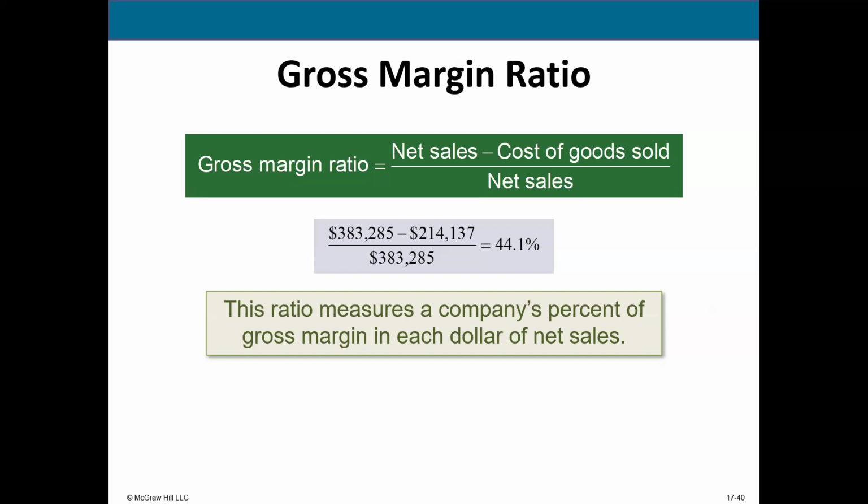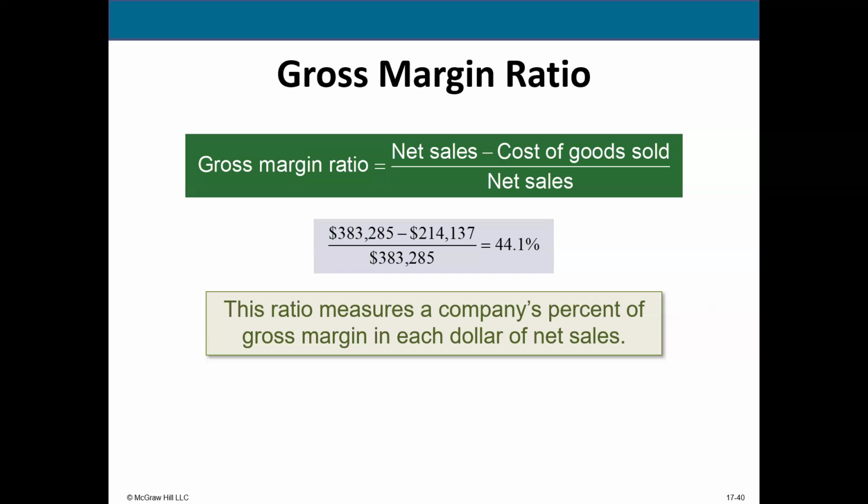So sales minus cost of goods sold gives us gross margin. And then we divide the gross margin by sales to get the gross margin ratio. Basically, it tells us the percent profit from each sales dollar. That's a way of thinking about this one.